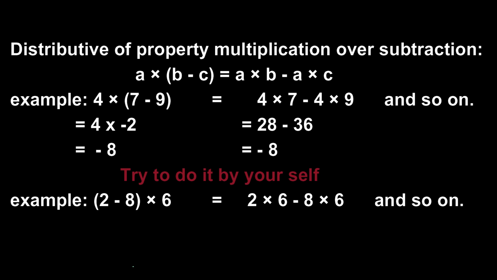So 4 sevens are 28, and 28 minus 36, where 28 is a smaller number and 36 is a bigger number, gives me the answer minus 8. We can see that the left side example and the right side are giving me the same answer. So I can say that the distributive property of multiplication over subtraction is applicable.